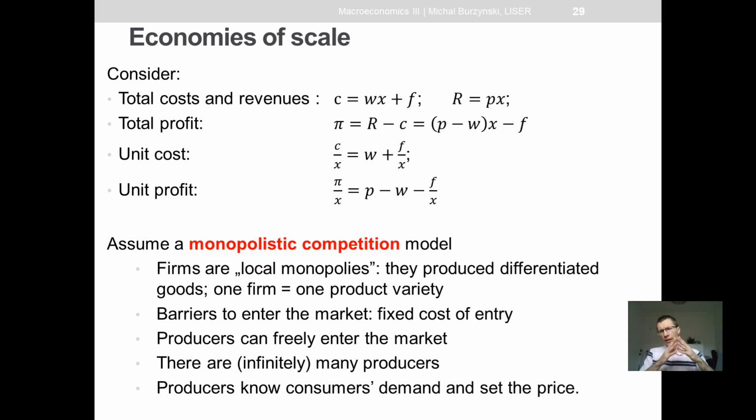So firms know the exact reaction of individuals to different prices they set on the market. Okay, so the relation between price and sales of the company is known by the producer. And this gives additional monopolistic power to those firms.